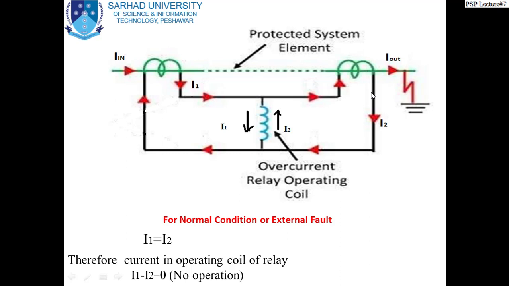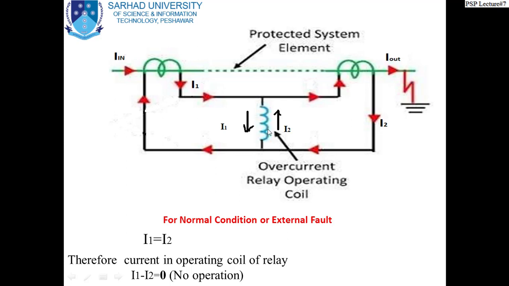So this is your external fault layout. According to these assigned directions of current from the CTs, this middle part is your operating coil, shown as an overcurrent relay operating coil. Basically, it is an overcurrent relay connected for differential protection.